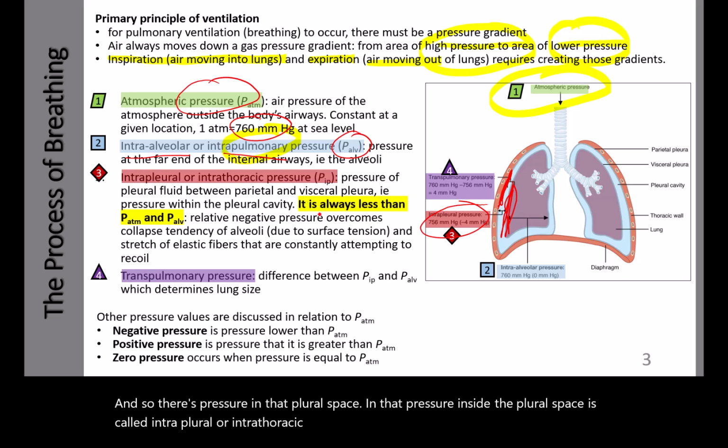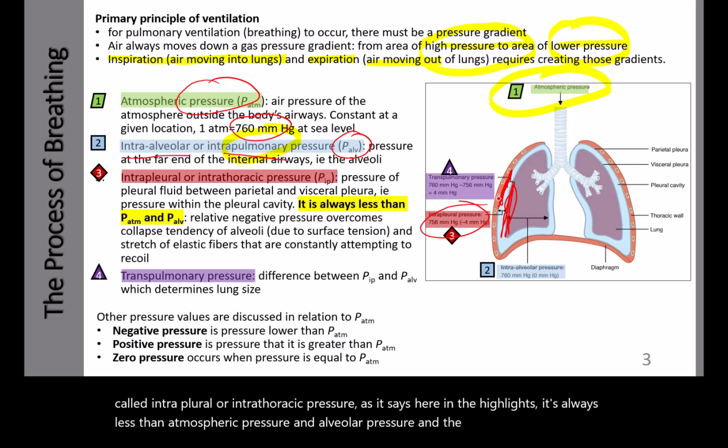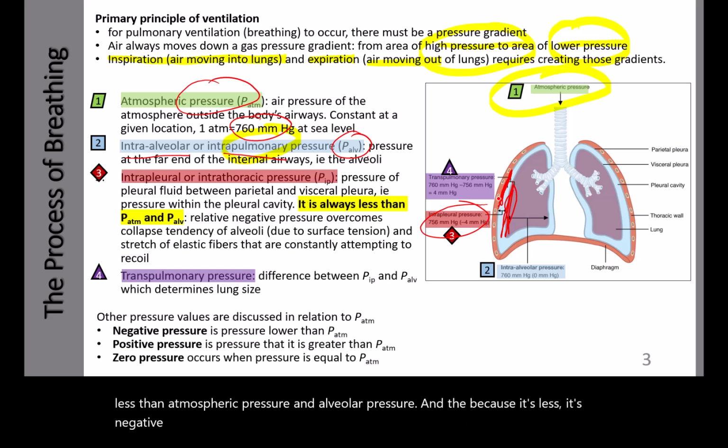As it says here in the highlights, it's always less than atmospheric pressure and alveolar pressure. Because it's less, it's negative pressure, and that negative pressure helps to stick the lungs to the thoracic cavity.